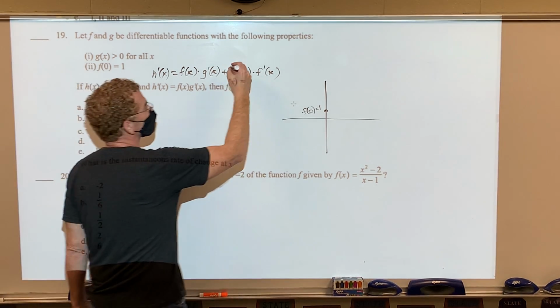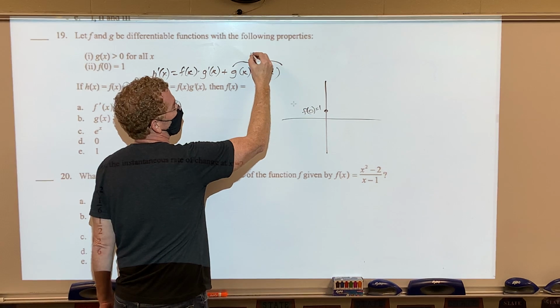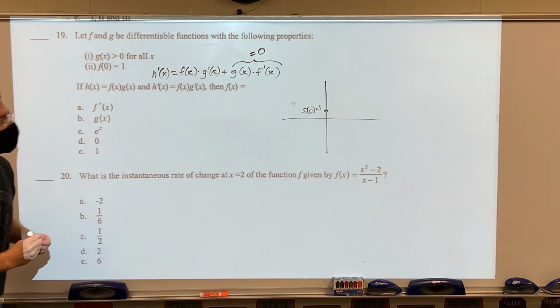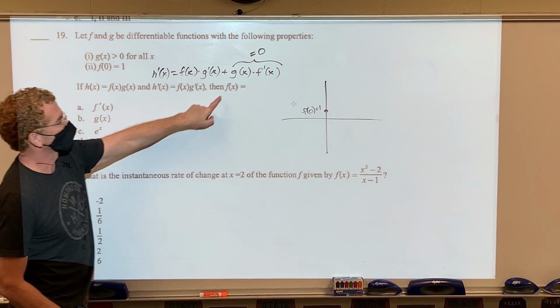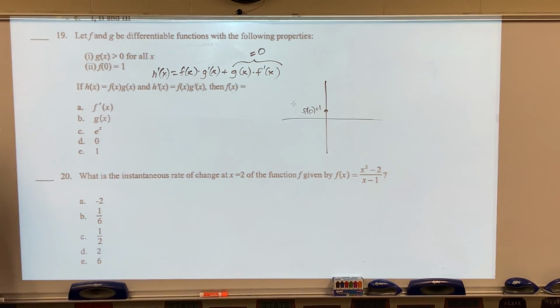It means this must have gone away somehow, right? Now, what does that mean? Either the g function is 0 or the derivative of f is 0. So what does this say? What's your function then?